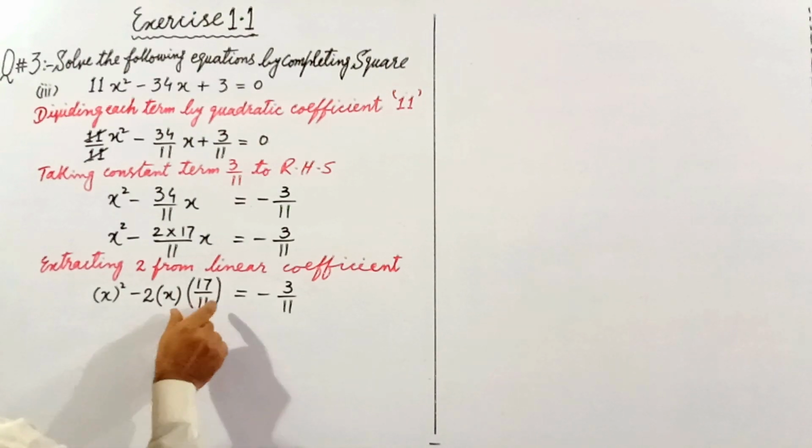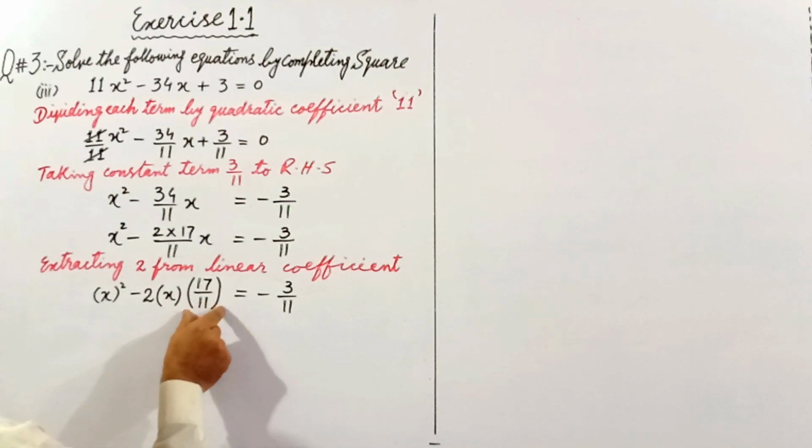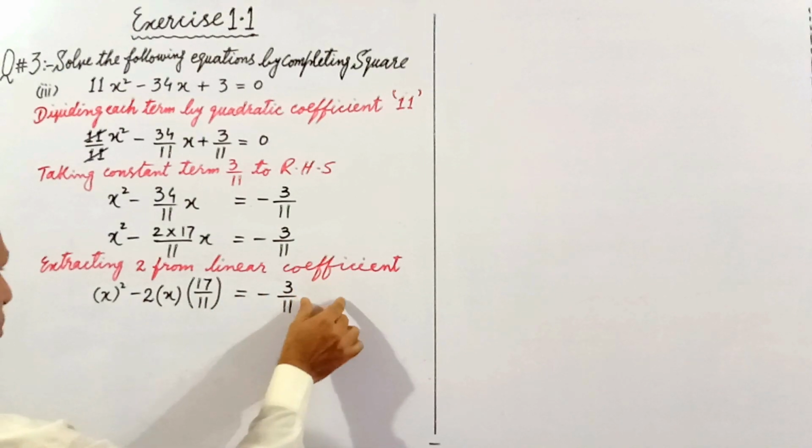So if we add square of the 17 over 11 in the left hand side, we have to add 17 over 11 whole square on the right hand side.